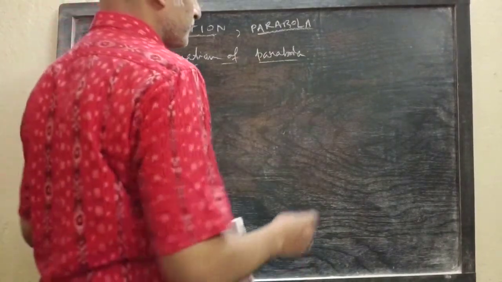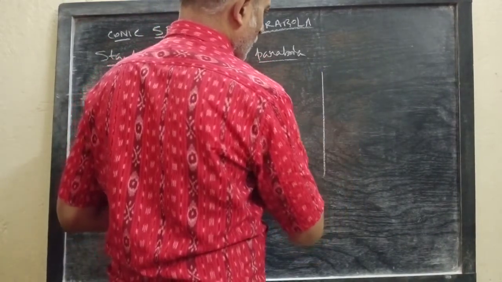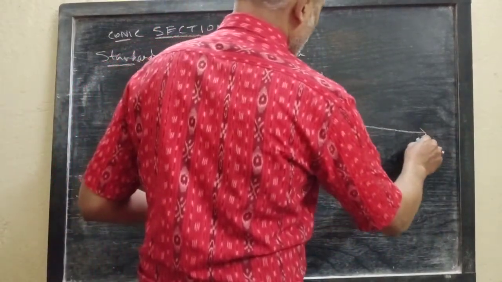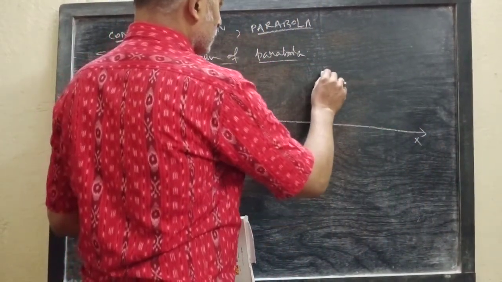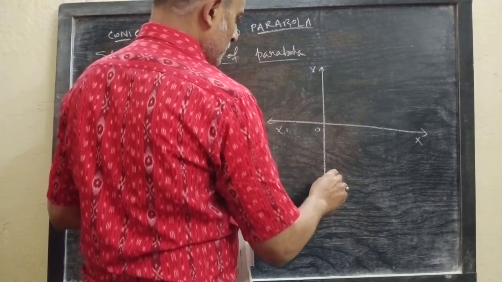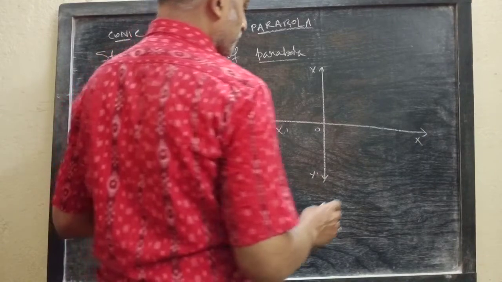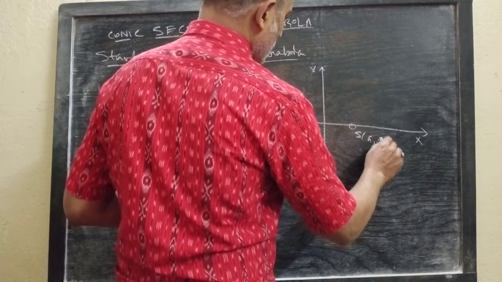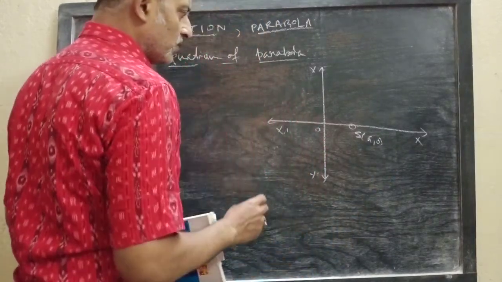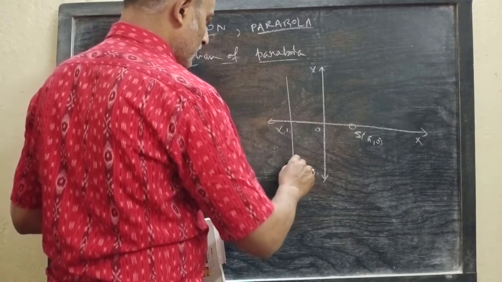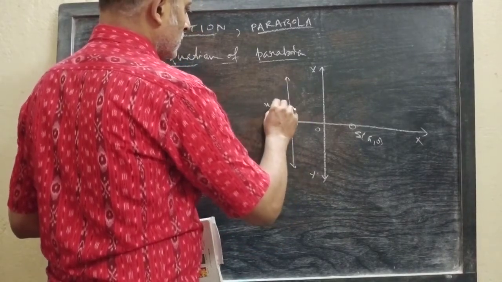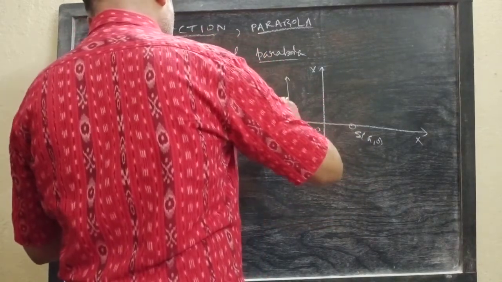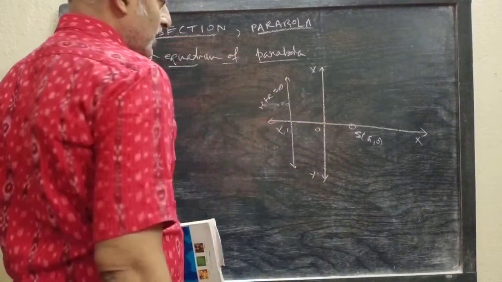For this, this is our x-axis, this is our y-axis. Suppose the point a comma 0 is taken as the focus and the line x plus a equals 0 is taken as directrix.